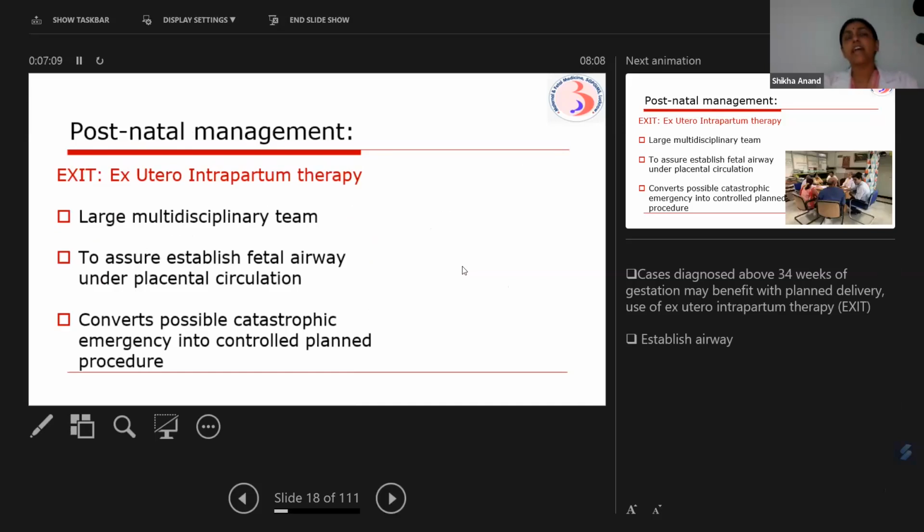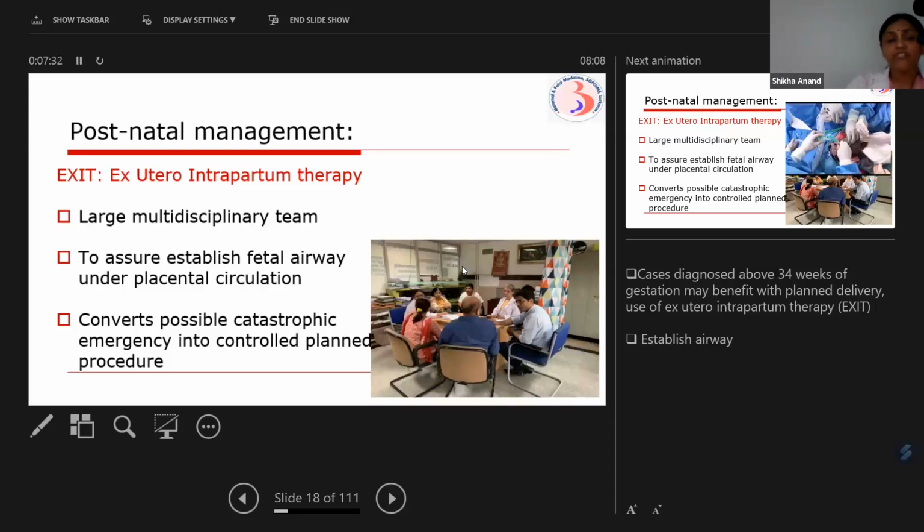And many times it happens that the patient presents late after 34 weeks, or the lesion does not respond to these interventional therapies. At that time, there may be a requirement of ex utero intrapartum therapy. For this, a large multidisciplinary team has to be there. And the basic aim is to establish the fetal airway under placental circulation.